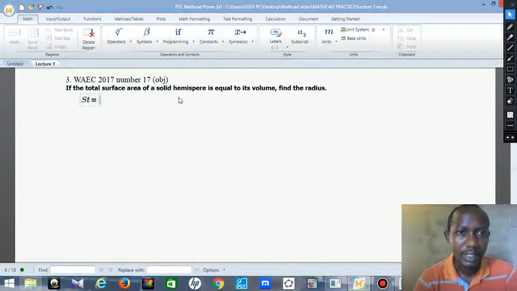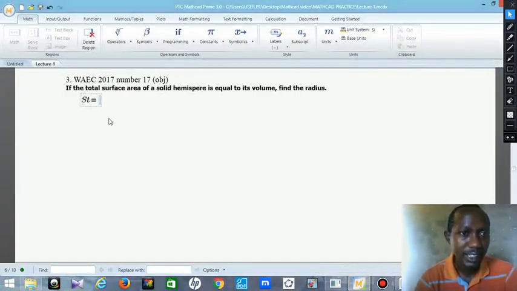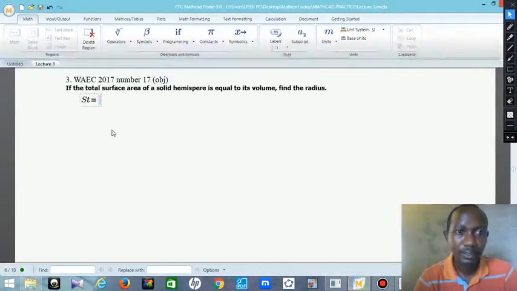So what is the total surface area of a hemisphere? We have a hemisphere, it has two surfaces, the circular surface and the curved surface.